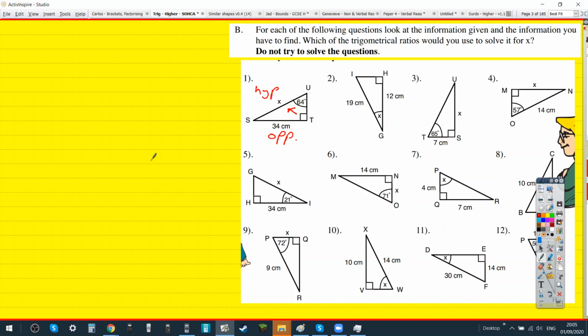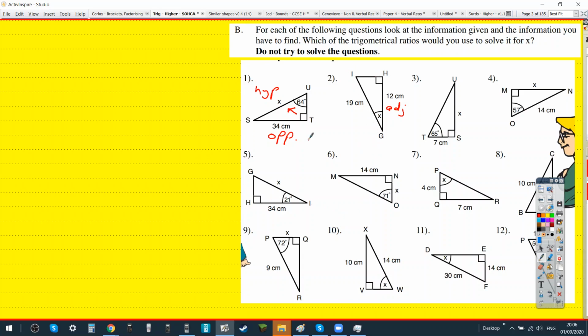Okay. So GH would be the adjacent. And HI would be. So we don't need to do that because that's blank.